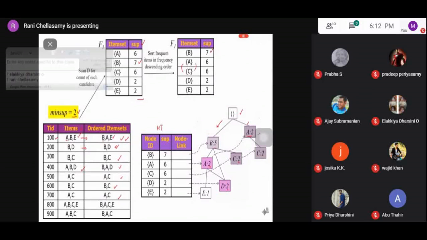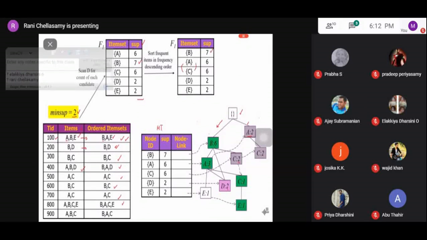Start from the root, you have B. So increment the value of B to 6 and A to 3, and there is no C under A. From A you can newly have a branch with C count as 1, and from C you can have E. See here? Are you clear with this?